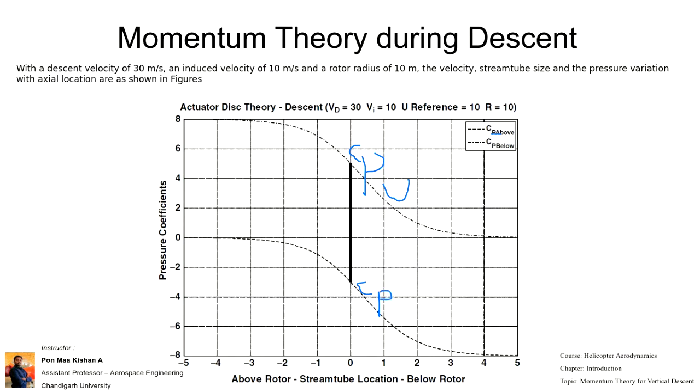The difference between the upper and the lower is taken as delta P. The delta P variation will be higher at the fifth position, whereas at the rotor it changes, nearly tending to 0.